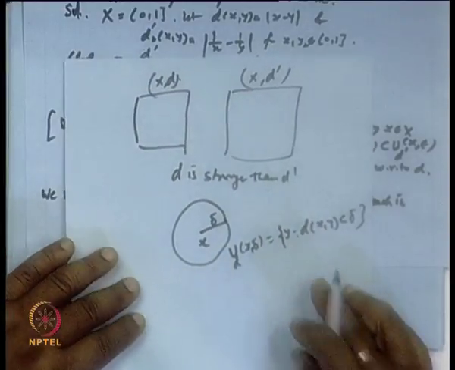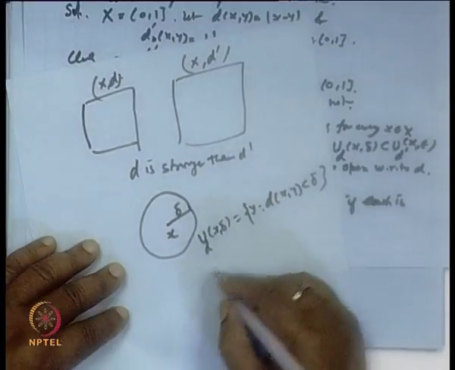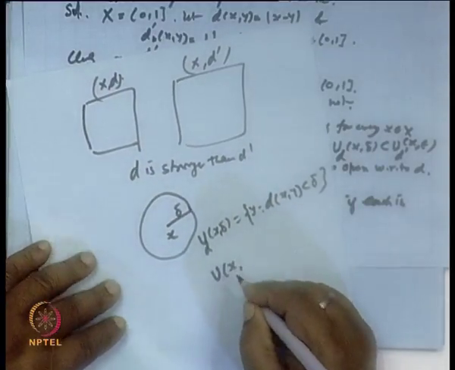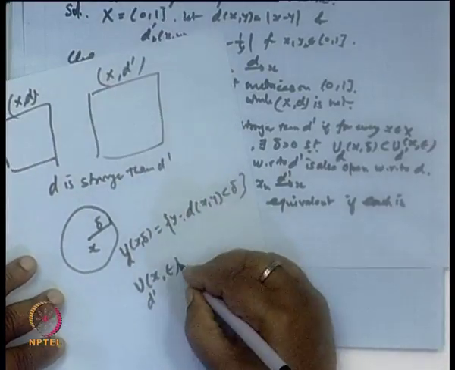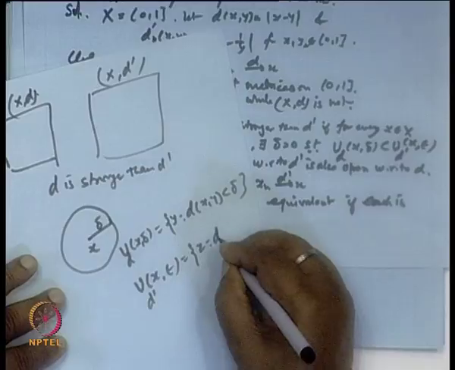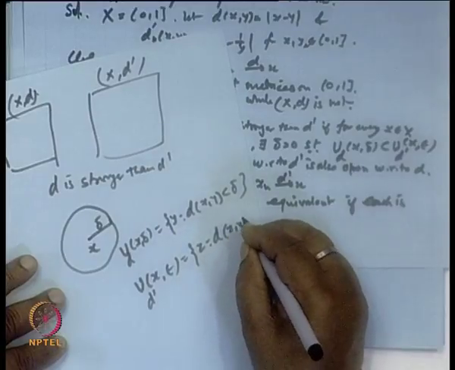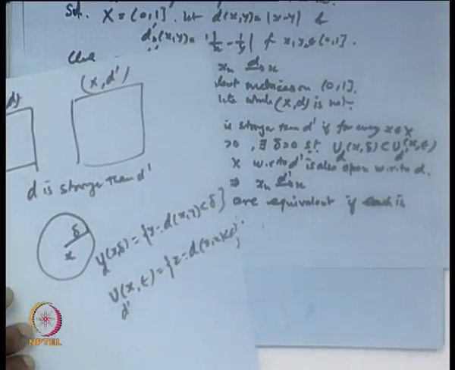This is the open ball. And then draw the ball centered at x with radius epsilon under the metric D dash. So, this is the set of z such that D dash of z, x is less than epsilon.